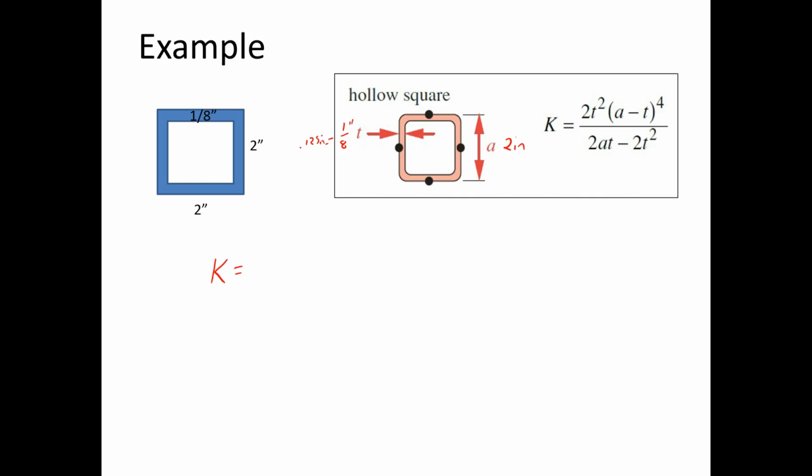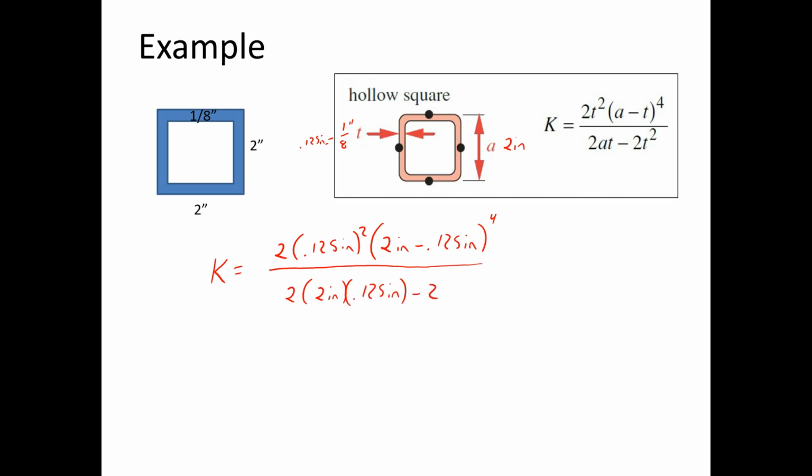And so here we have K is equal to 2 times 0.125 inches squared times 2 inches minus 0.125 inches, that's raised to the 4th power, divided by 2 times 2 inches times 0.125 inches minus 2 times 0.125 inches squared, and that equals 0.824 inches to the 4th power.